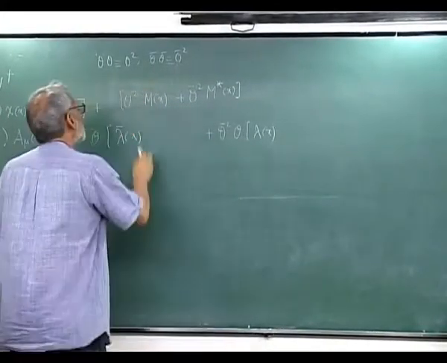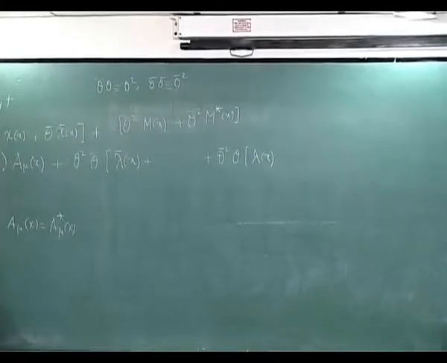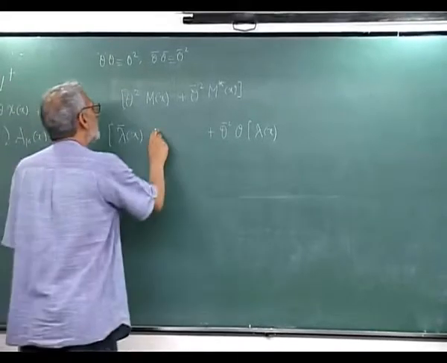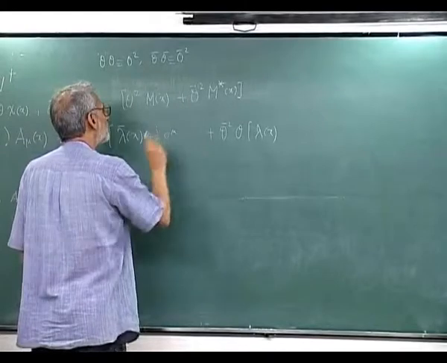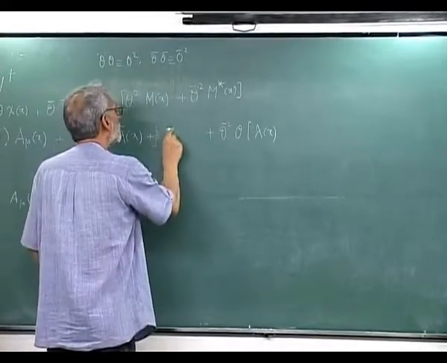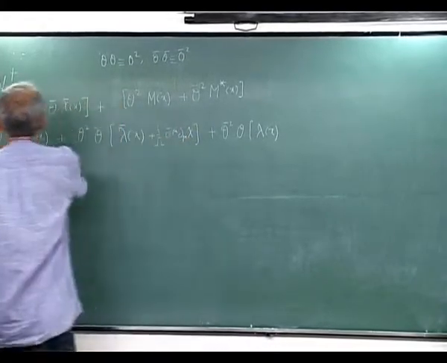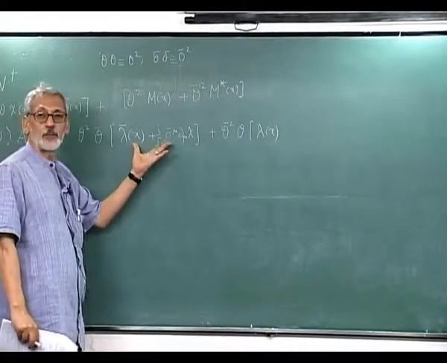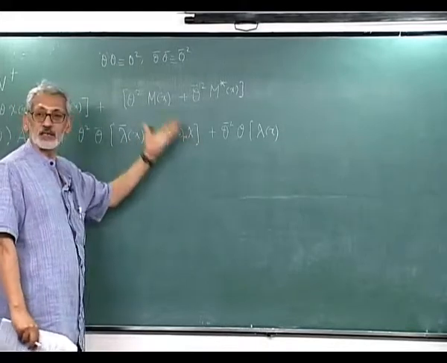I put a bracket here for some convenience. I would also add an object with a normalization i by root 2, sigma mu bar d mu of chi, where chi is the same chi. You could call this itself a theta lambda bar, but it's convenient to add a piece like this.